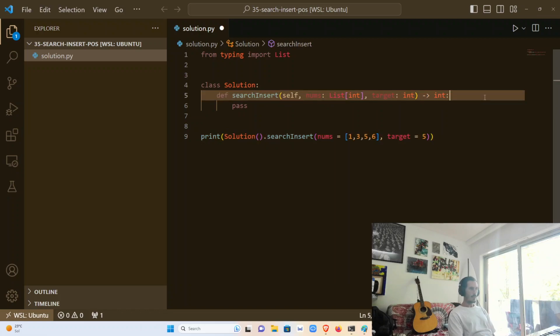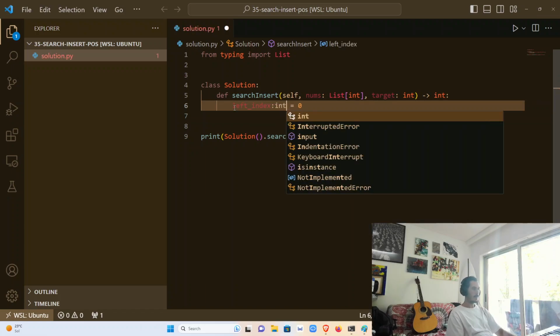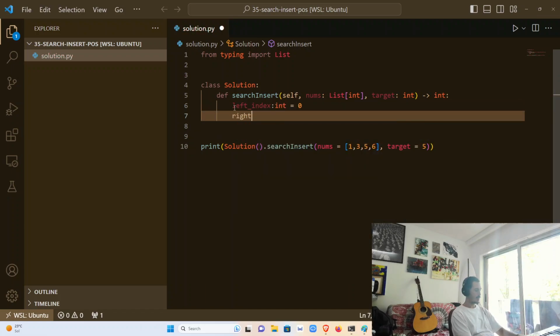Okay, so now first thing we do is let's check the left index, and we start with 0 because we're going to search for the entire array, and the right index, which is the length of nums minus 1.